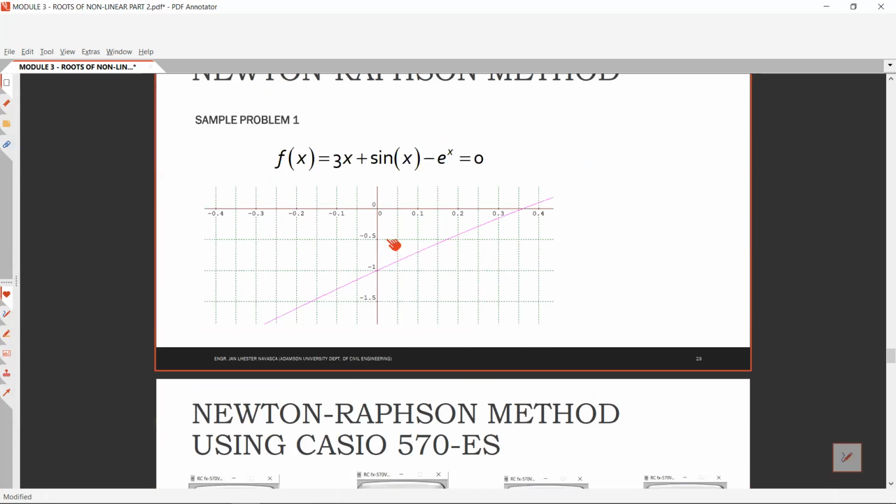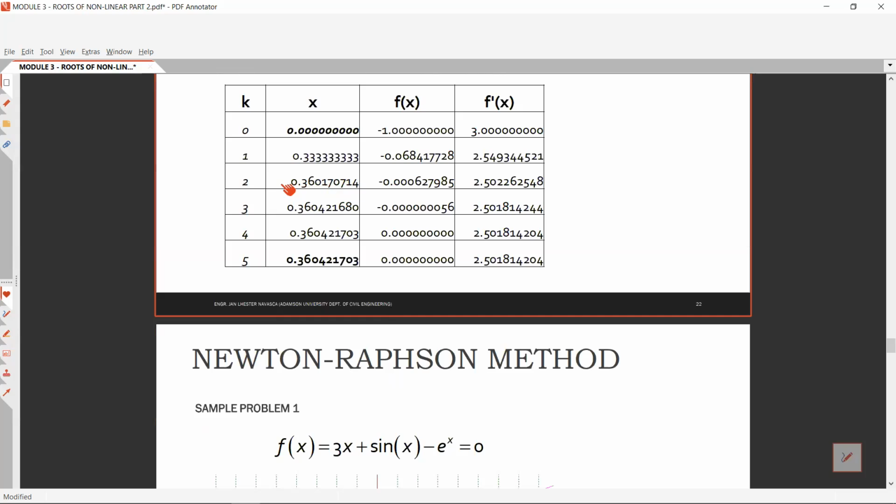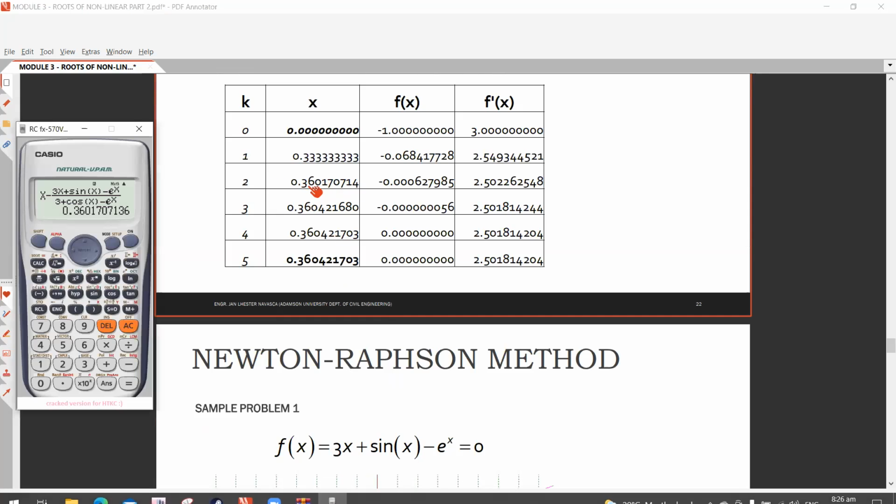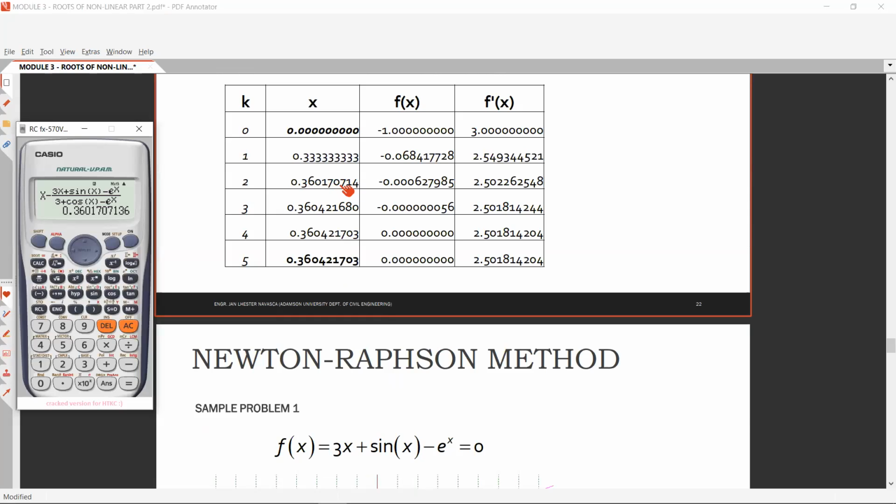0.36017 yung lumabas. Tama ba na ito rin yung lumabas dito sa third iteration natin? 0.360170174. Then solve nyo ulit, pindutin nyo ulit yung solve, then yung previous answer. Then equals, you will arrive at 0.36042168.